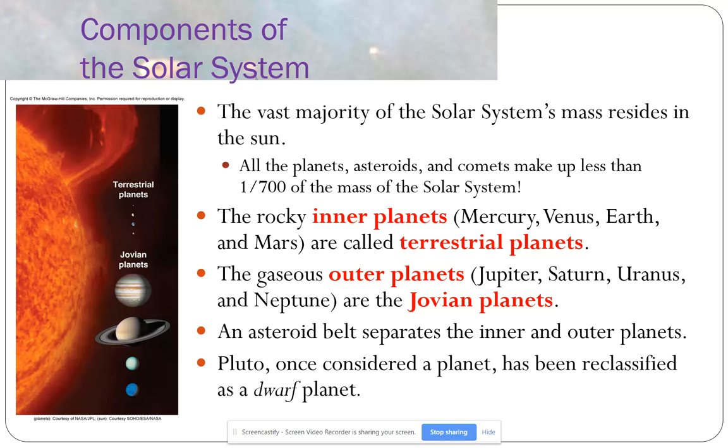Now, other things in the solar system are the planets. They're the biggest things that aren't called the sun. And of the mass that's not in the sun, over 70% is in Jupiter. And then almost all of the rest is in Saturn. And then you come down to the small potatoes.